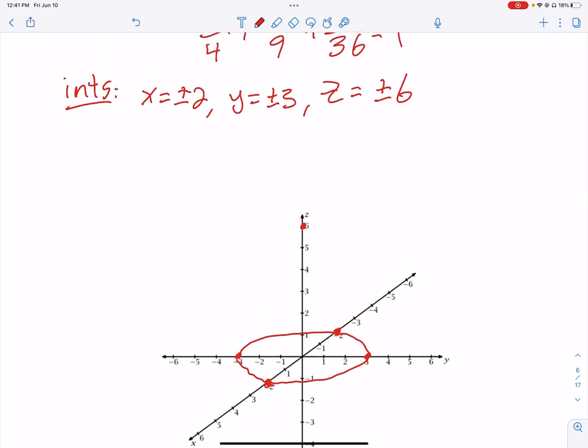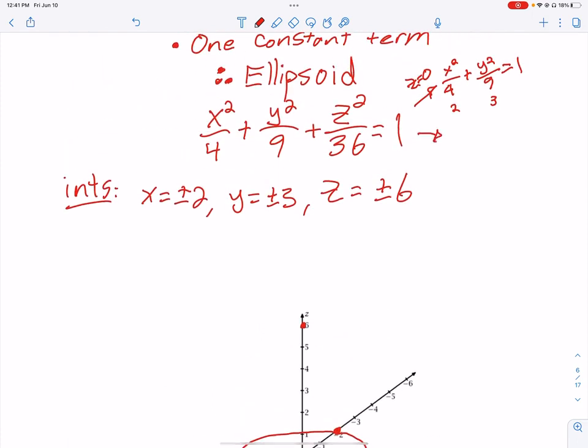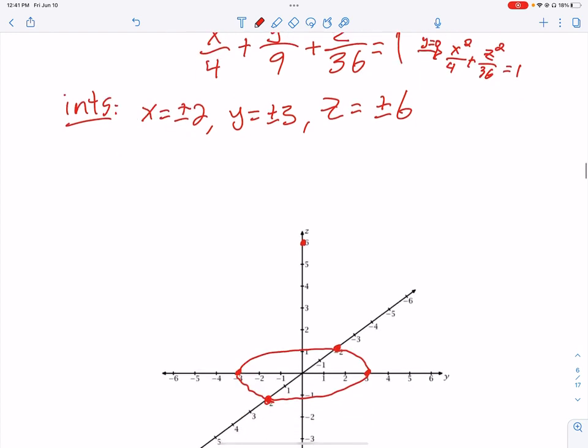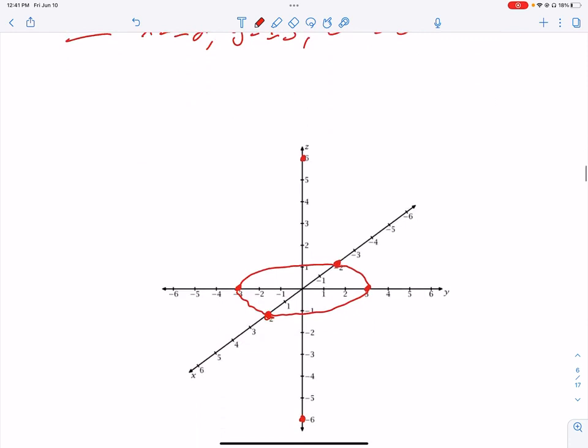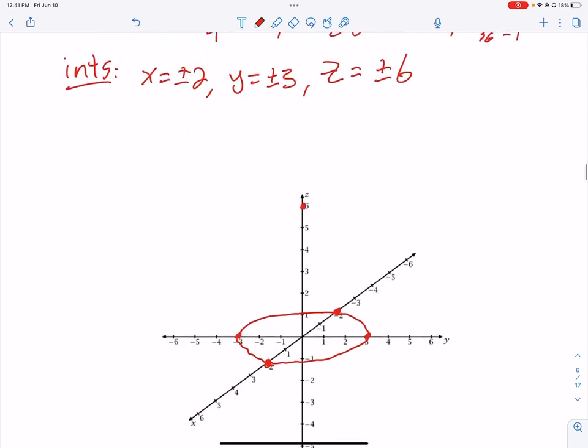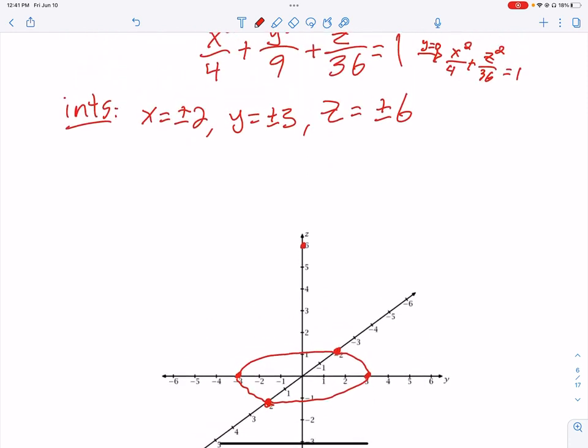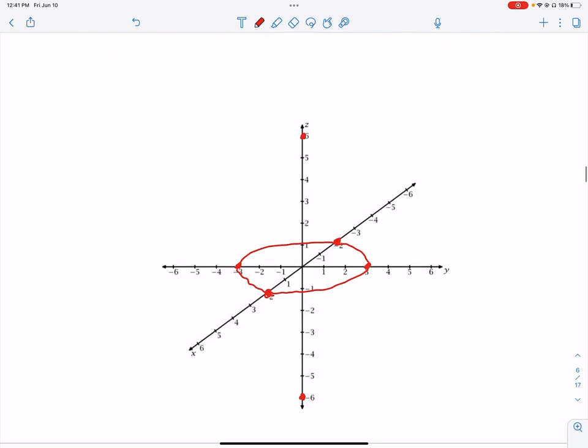All right, now if we were to think about letting y equal 0, we would have x squared over 4 plus z squared over 36 equals 1. And you could see what you need here. This is x and z. Okay, so x and z. I know that x has 2 again, that's good, but z has 6 and 6. So we actually have an ellipse like this.